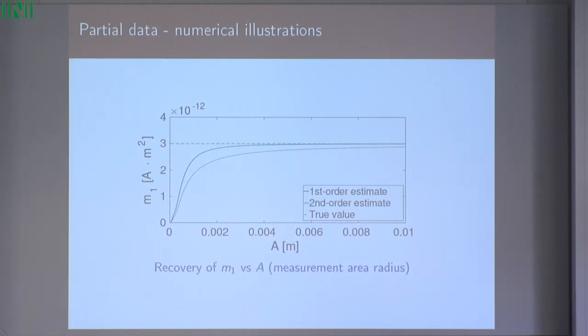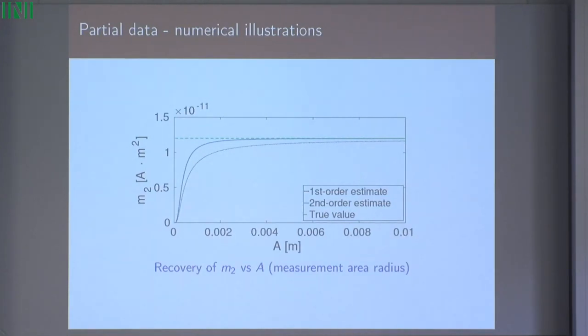The true value is this constant horizontal line, and the second order estimate, the best one that I just showed you in the previous slide, approaches this curve as a grows large, much faster than the first order. And of course, you can hope to get something of even higher order.